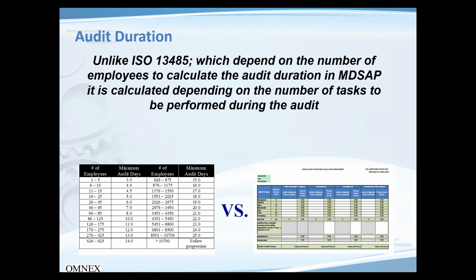We take the number of tasks to be audited and multiply it by the number of minutes allowed. Just for an example, in the management system there are 11 tasks total, and each one is allowed 28 minutes, if I remember correctly. But sometimes we audit only 10 of the 11 because one of them is not at all relevant to this particular company, and that's how we calculate the timing for that.